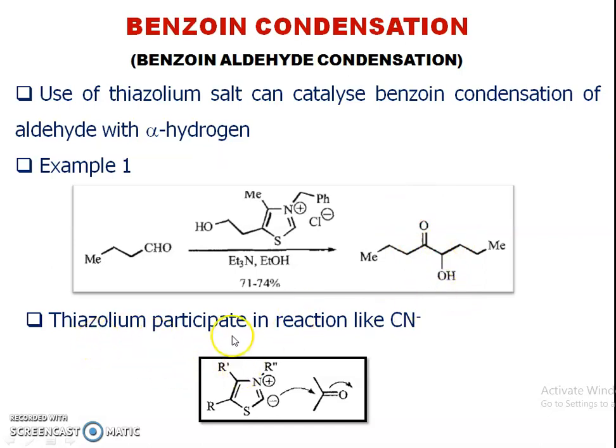Here thiazolium participates in the reaction like CN minus. This thiazolium can act like CN minus, and it adds to the carbonyl of this compound and forms a carbanion. Then that carbanion adds to the next molecule of this aldehyde, and it forms a structure like this.